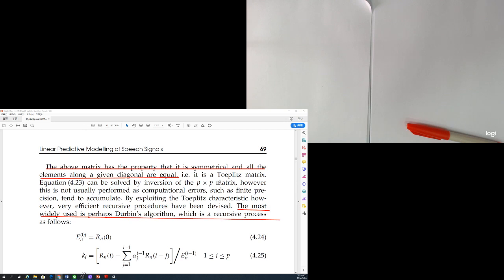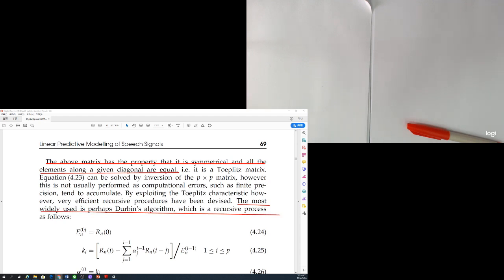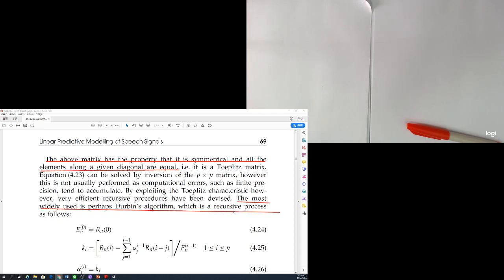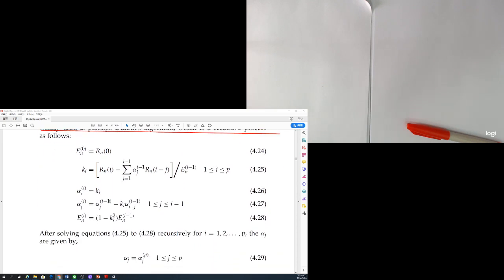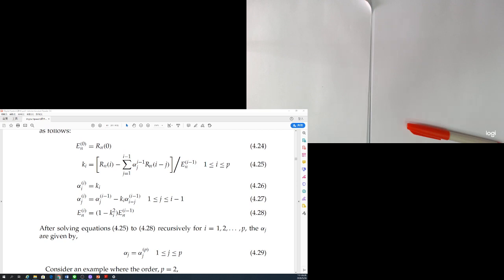We call this one a Toeplitz matrix. In mathematics, there is an iterative way of solving the problem, called the Durbin algorithm. It is more like a recursive way to solve it. Sometimes you have to be careful to make sure they are not singular.